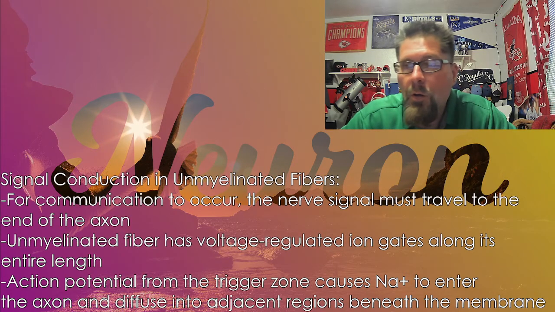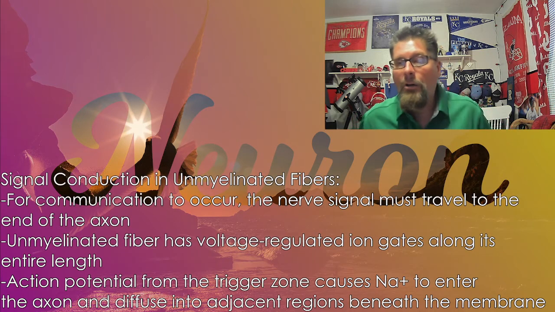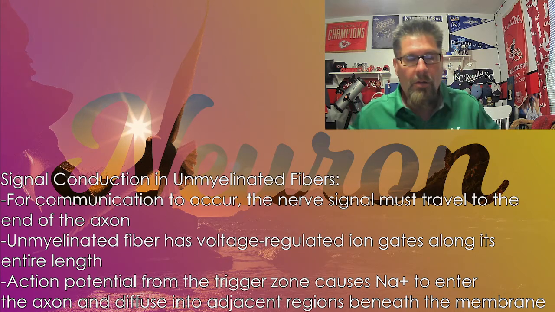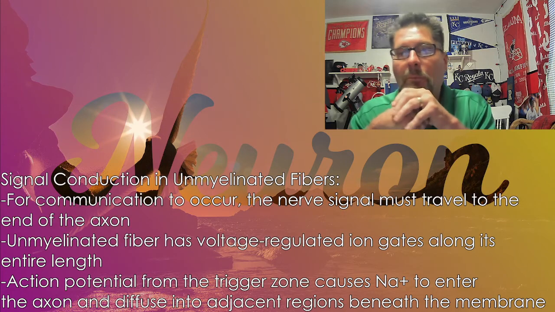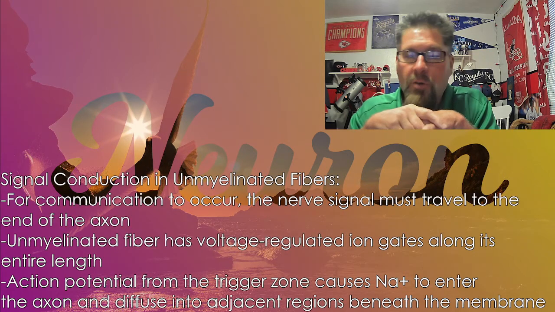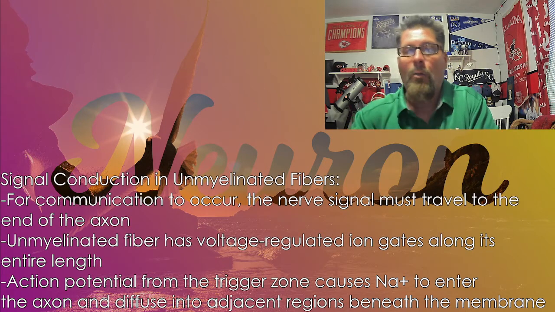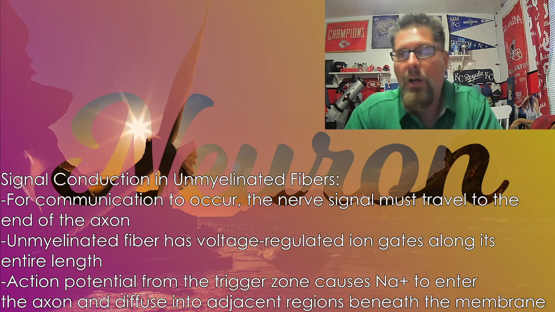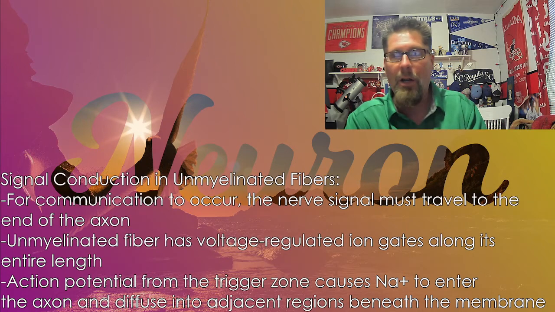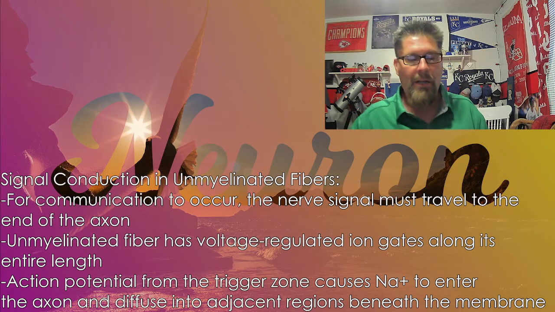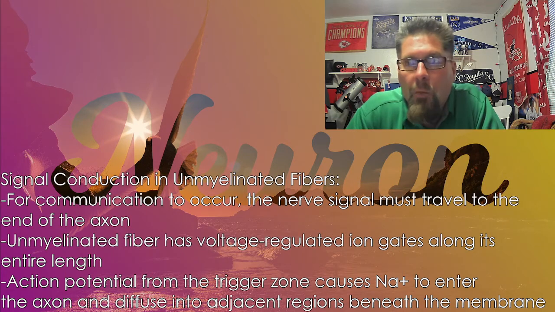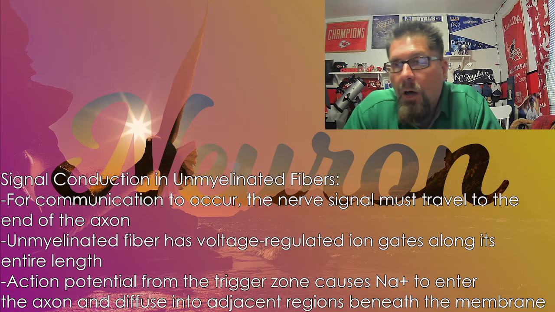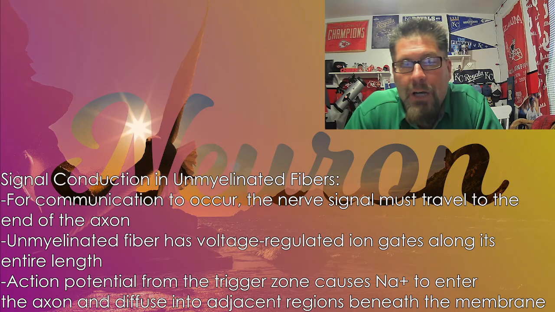These voltage regulated ion gates slow down the process, and it moves similar to an inchworm, a little caterpillar, where it reaches out and then drags the back of the body up to the front, and it reaches out again, so it inches along, whereas a myelinated fiber does not do that.